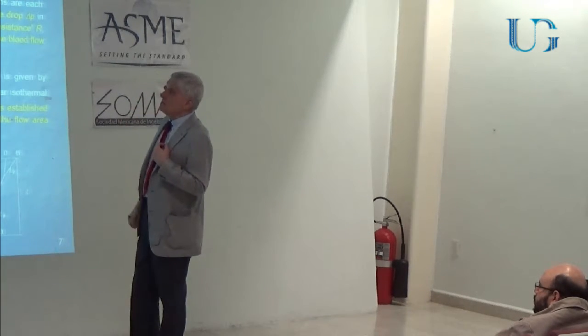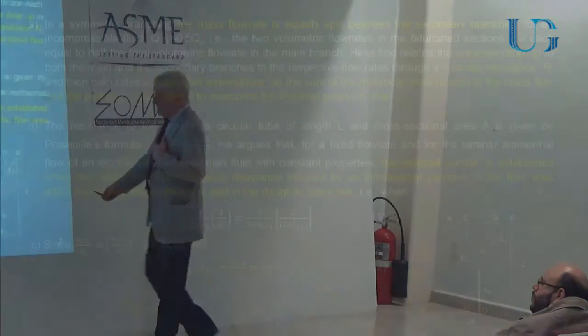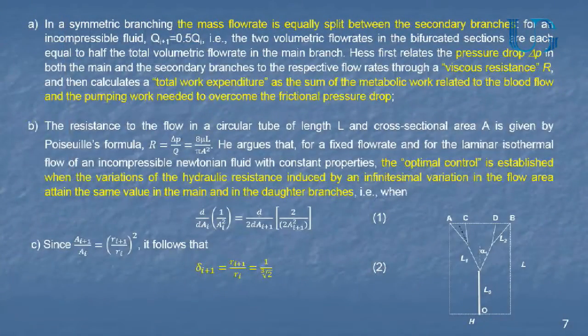The way he derived this law is the following. First of all, he considered symmetrical branchings. Okay? This is the main branch, the first daughter branches, secondary daughter branches. He considered symmetric splitting, so that half of the flow rate flows on one side, half on the other side.